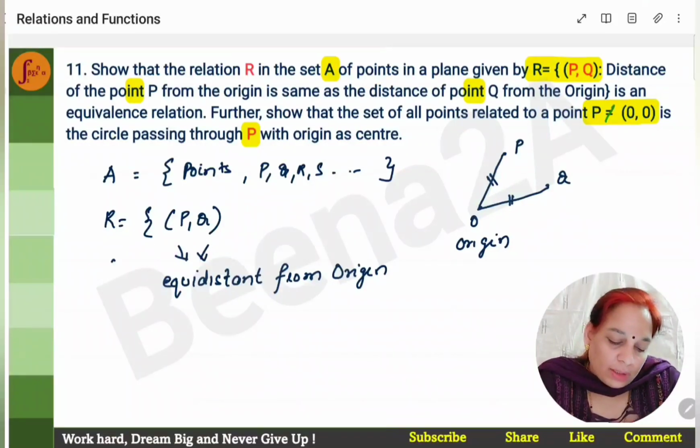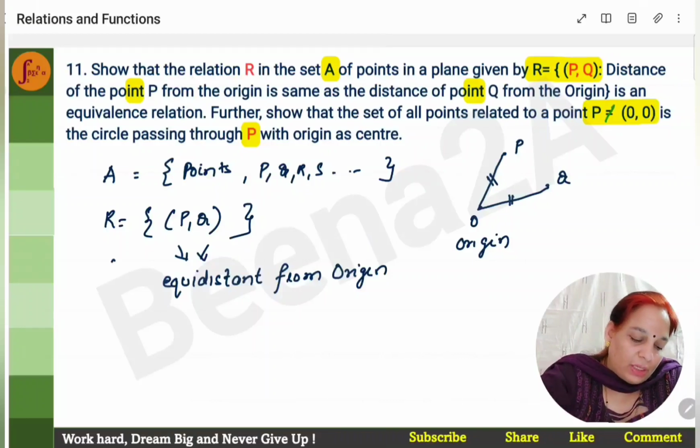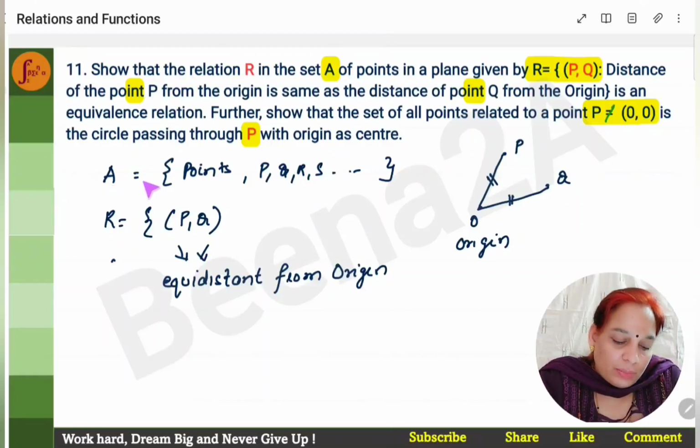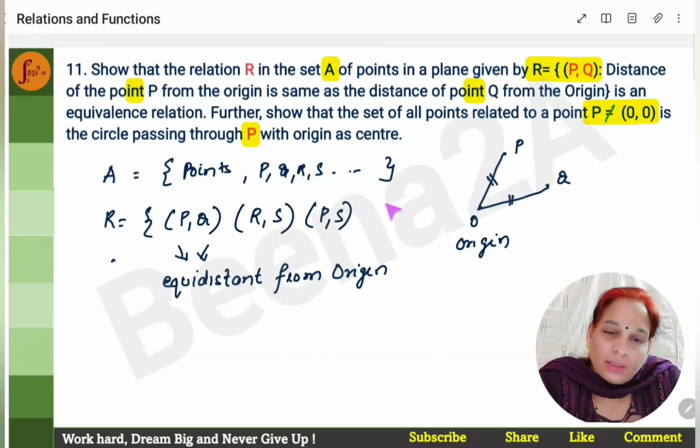You have to prove that this relation is an equivalence relation. So basically here the relation will have multiple pairs. Since the points in the plane are infinite, the relation also will have infinite pairs, right? So you could have, for example, (R, S), (P, S), where all these distances from the origin are the same.